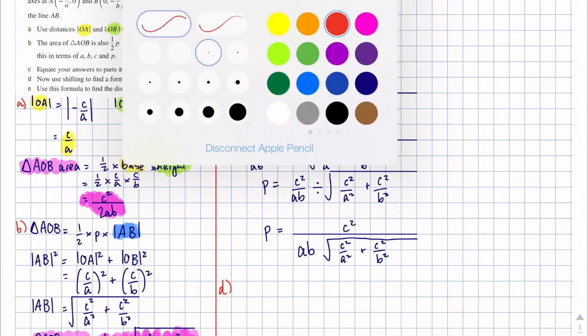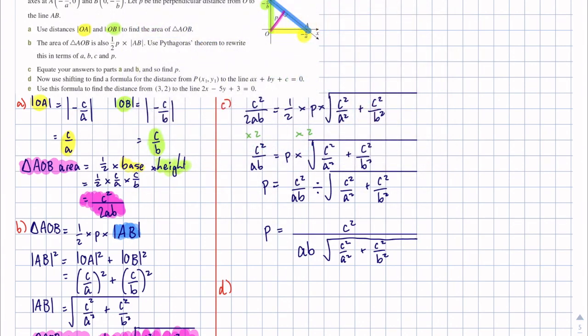Now D. Now use shifting to find a formula for the distance from this point P to the line AX plus BY plus C equals 0. Oh my gosh.